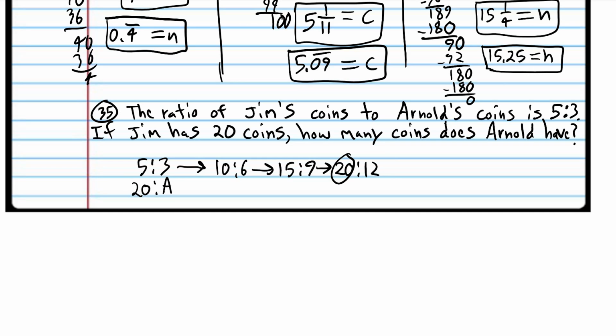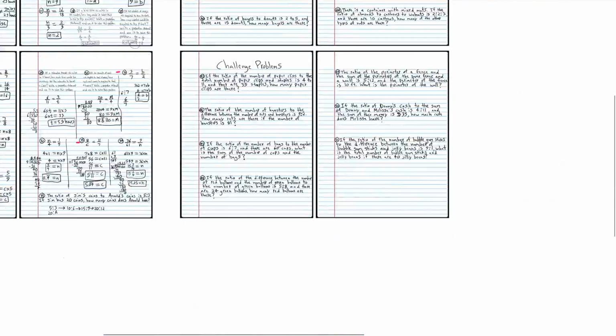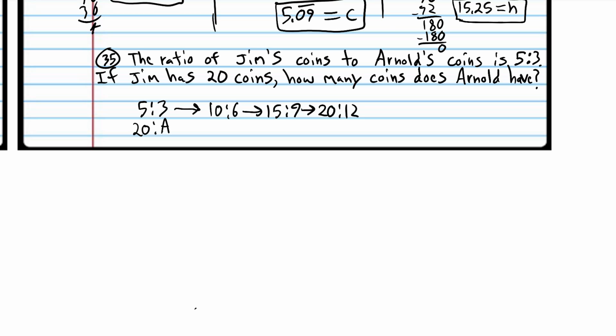But let's see here. Yeah, let's go ahead and show both methods. So that was a method that we learned previously. But we can also use a proportion equation to solve this problem. So that's one method.